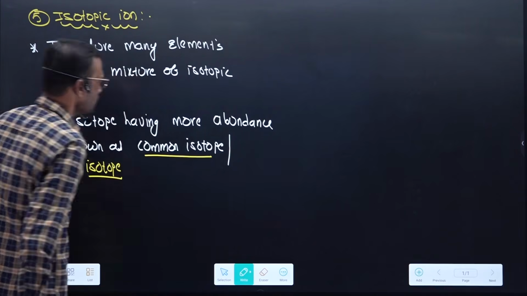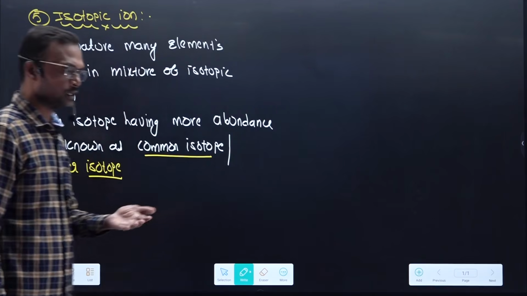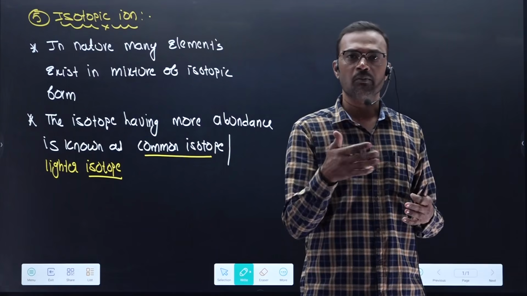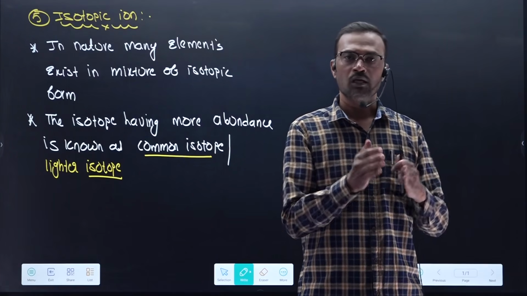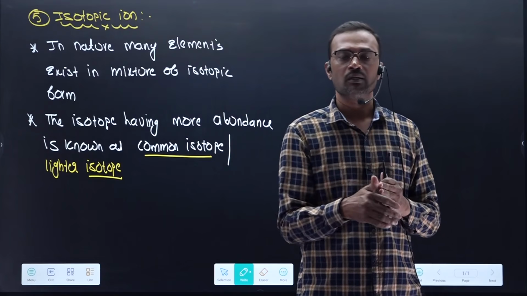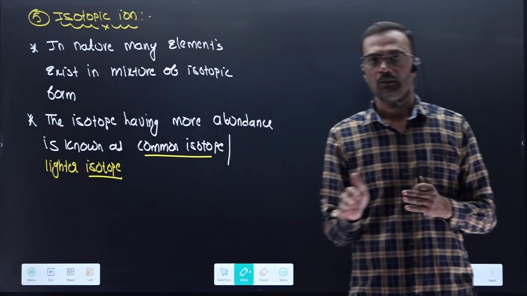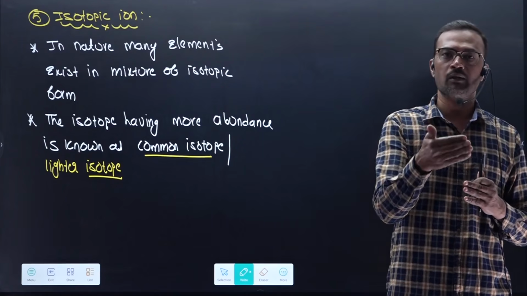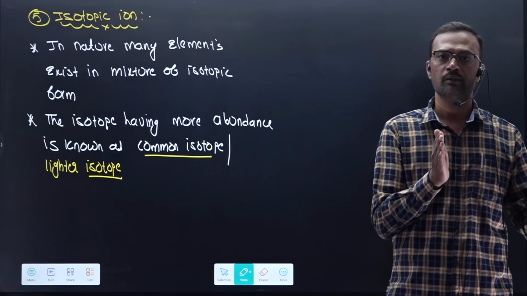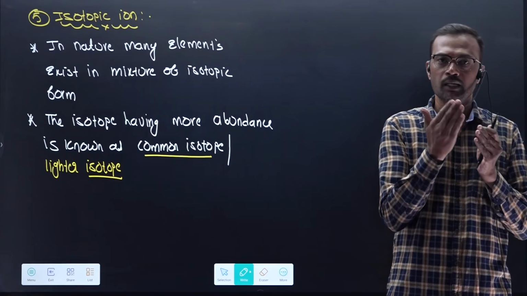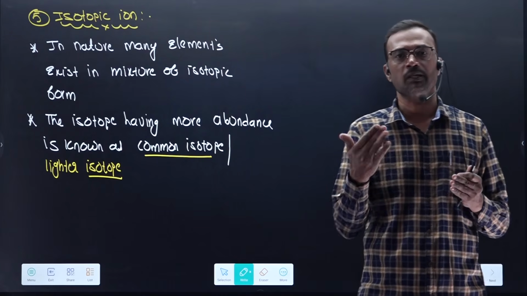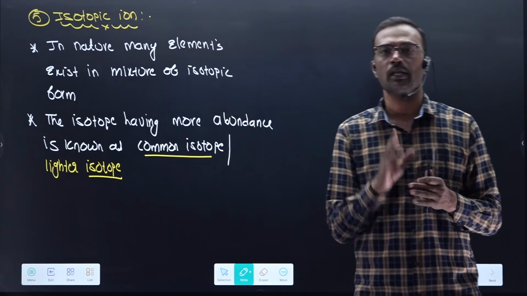Common isotope is nothing but this: suppose an element has 10 isotopes in nature. When you extract from nature, that element gives 10 isotopes, but not all isotopes are extracted in the same ratio. Means the availability of the corresponding element in isotopic form differs. Suppose out of 10 isotopes of one element, one isotope has the maximum abundance, so when you extract from nature it is very easily available. That is called the lighter isotope.